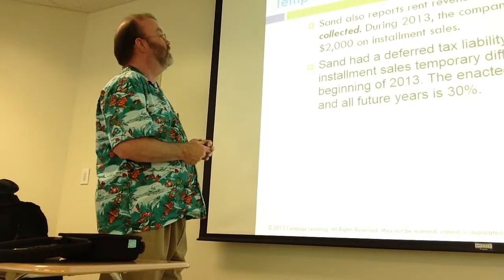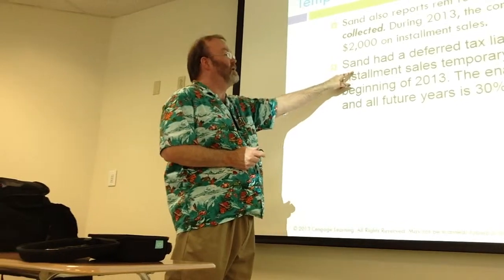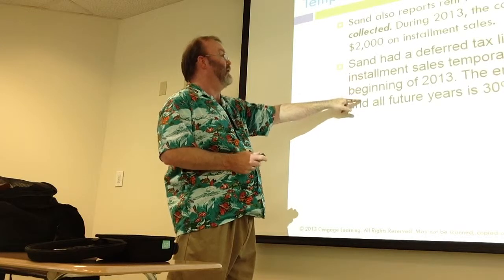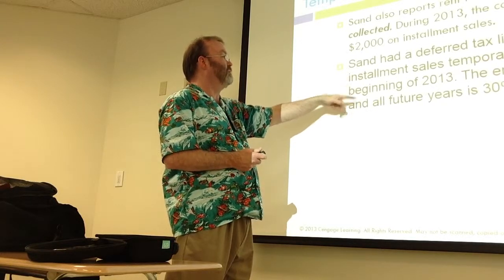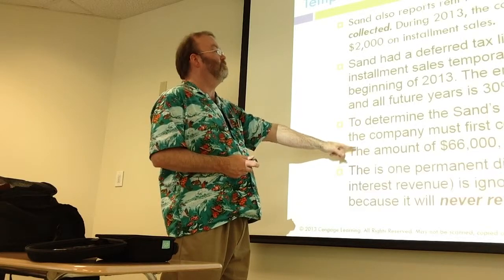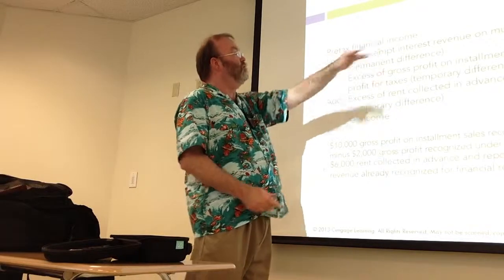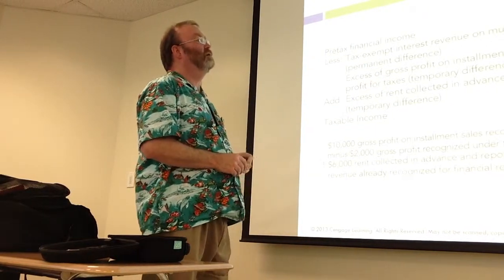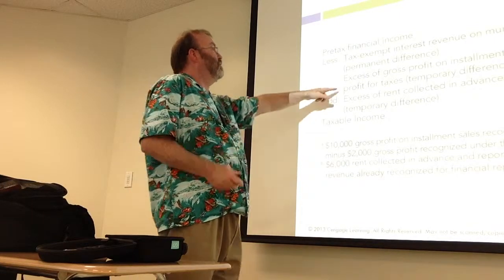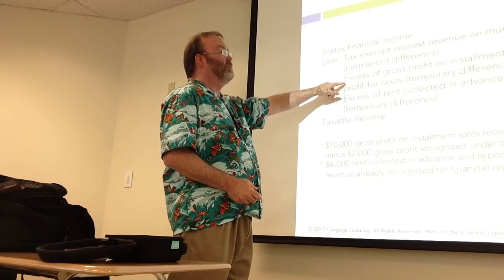All right, so here it is. So we have a deferred tax liability of $300 for the installment sale difference, and then it's always going to be 30%. We're going to remove the permanent difference, the $7,500, and then we're going to remove the excess of the gross profit from the installment sale.